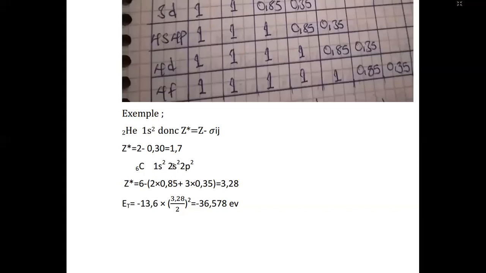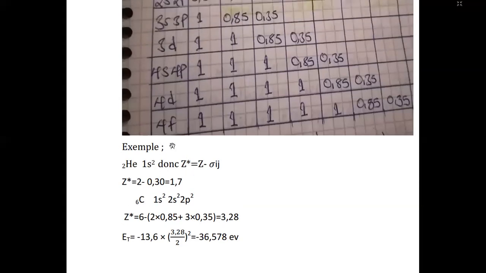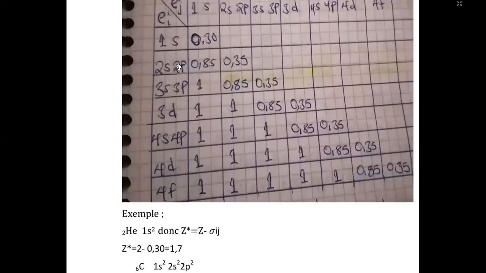So for this shell I have 1s2, and 2s2p. Which means I have 1s, 2s, 2p. So 1s will have the number of electrons in 1s times 0.85, plus the number of electrons in 2s, 2p times 0.35.